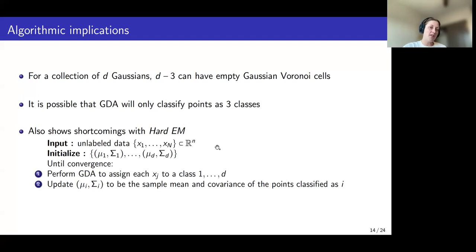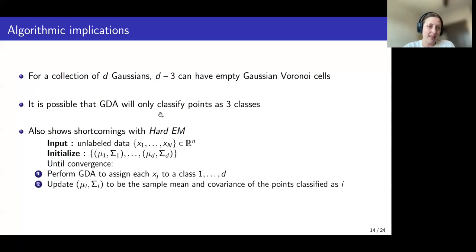What this algorithm does is it takes unlabeled data, clusters the data into classes, and then simultaneously fits a Gaussian to each class. In contrast to our original application, where we're given labeled data and then fit a Gaussian and then classify, in this case we're given unlabeled data. So we need to cluster the data into classes and also find the Gaussians.